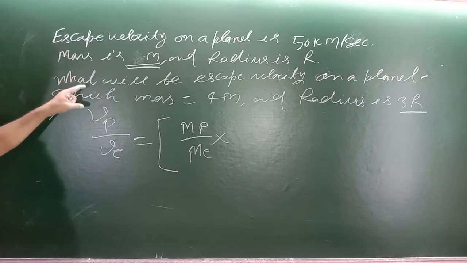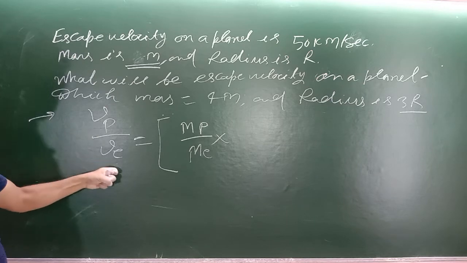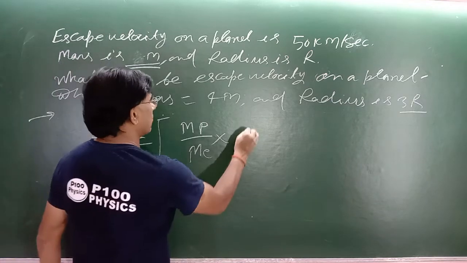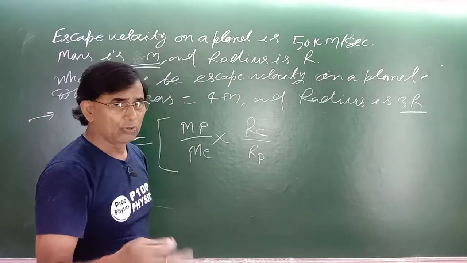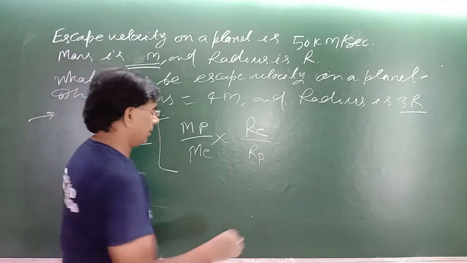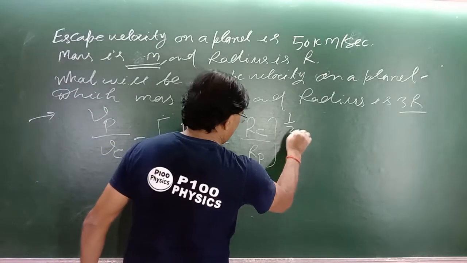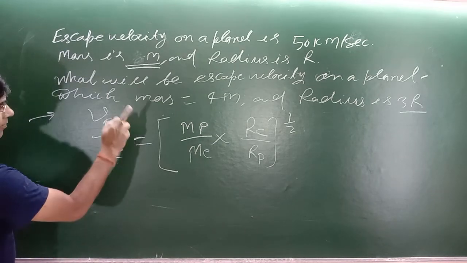Then you can write Vp by Ve equal to root of Mp upon Me into Re upon Rp. Or you can say R1, R2 and M1, M2 can be written, and here will be a half root. Solve this.